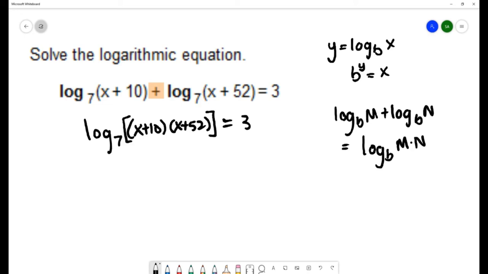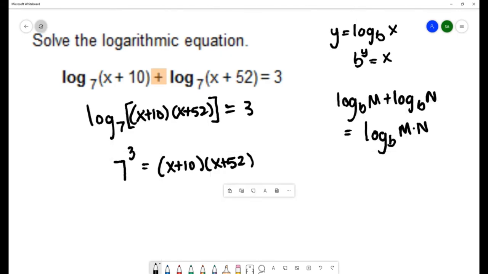And now that we have a single log, we can convert that to an exponential. So we'll use that base of 7. The log always equals the exponent, which is 3. And this expression equals x plus 10 times x plus 52. So let's work this out. Let's see what 7 to the third power is.